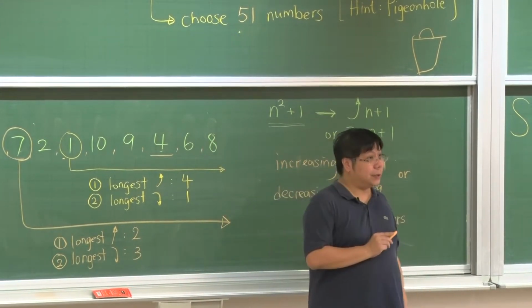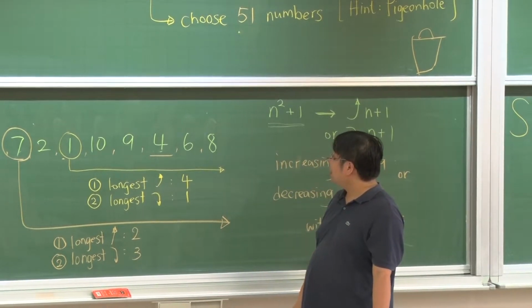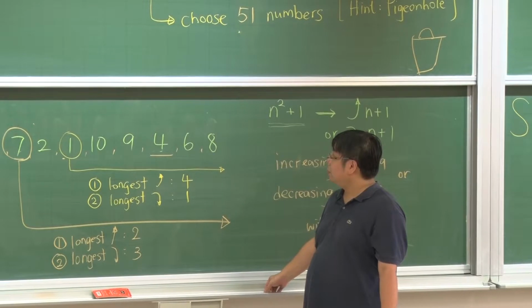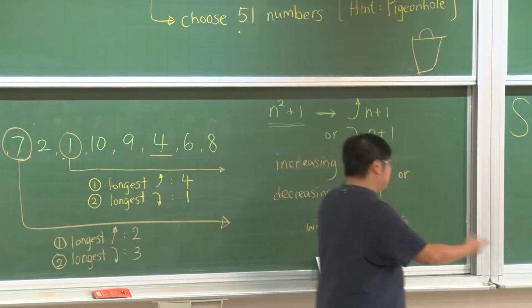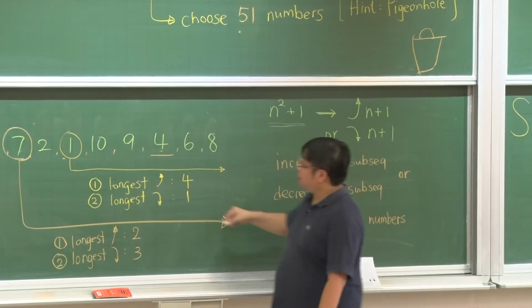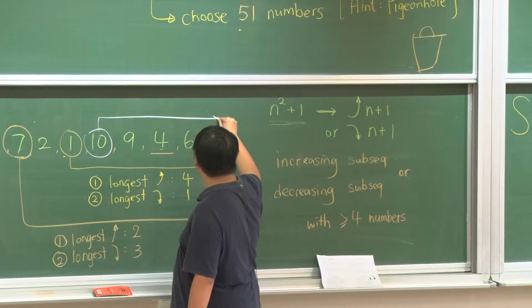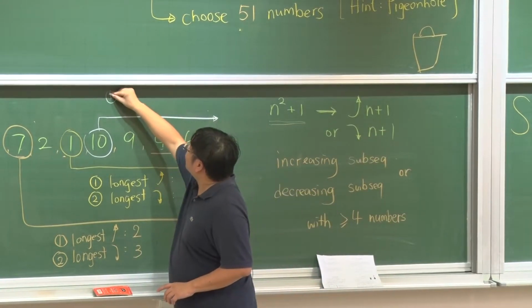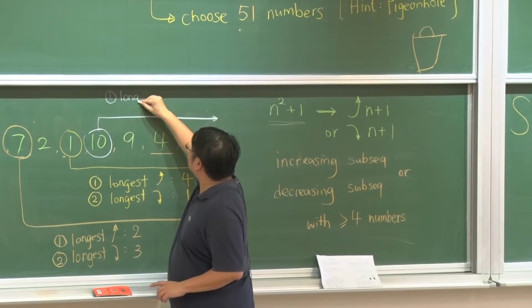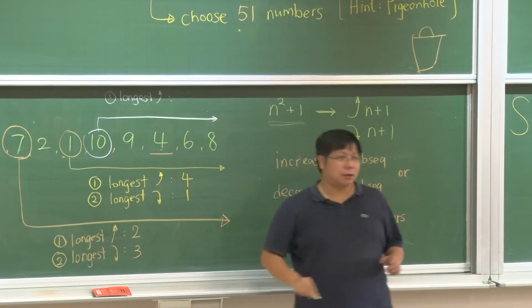The length is 3. Let's do one more example. Let's do 10. Let's use the white chalk. So let's begin with this 10. From 10, we look at everything until the end, and we also want to find out the longest increasing.